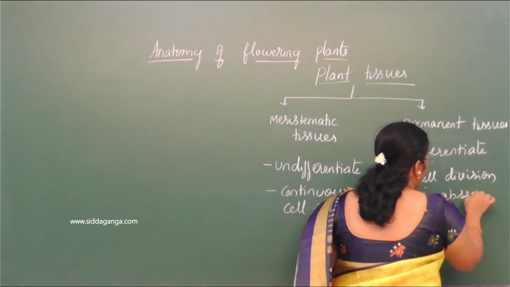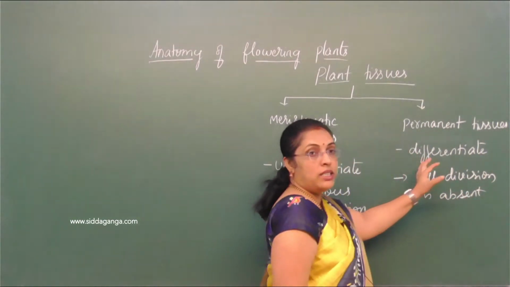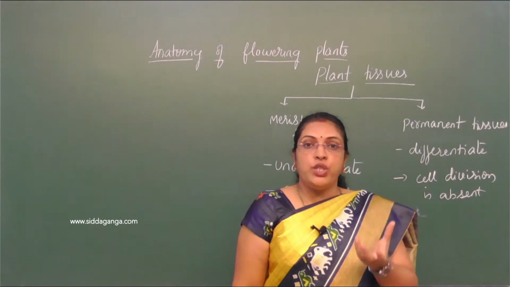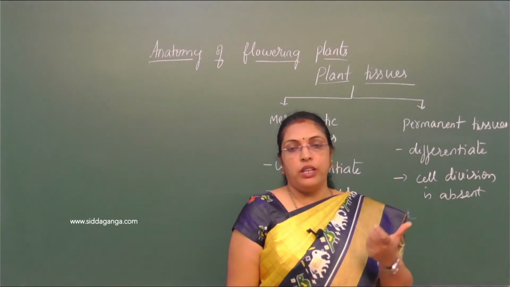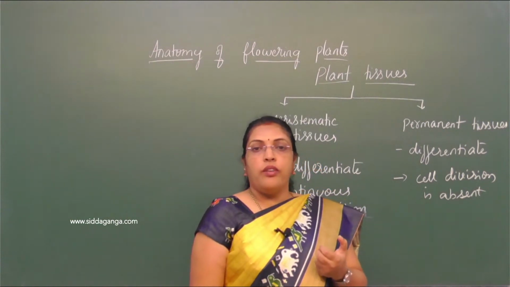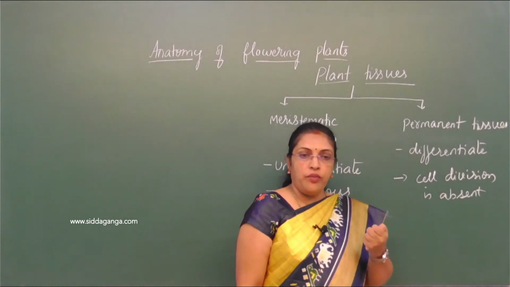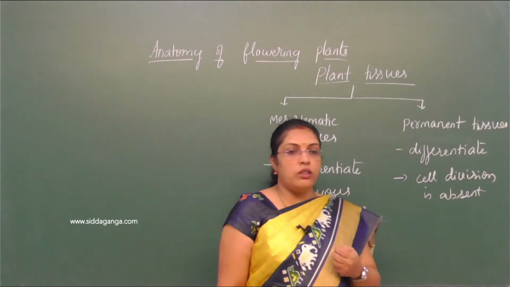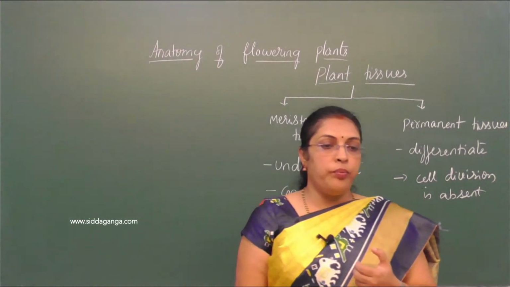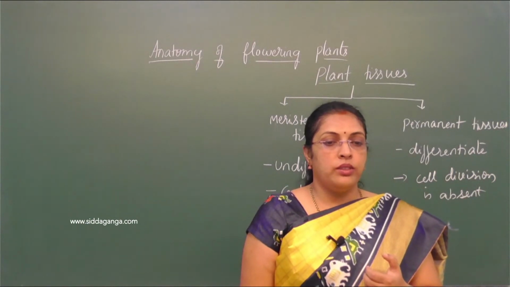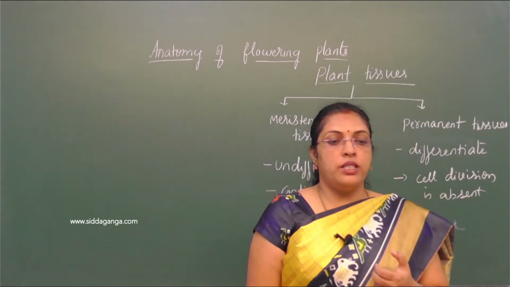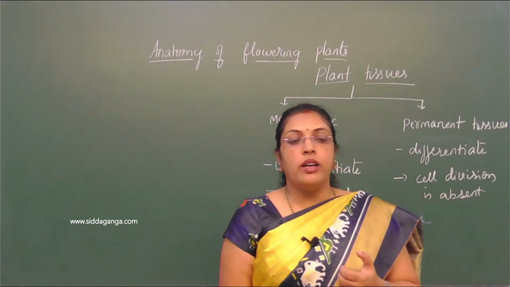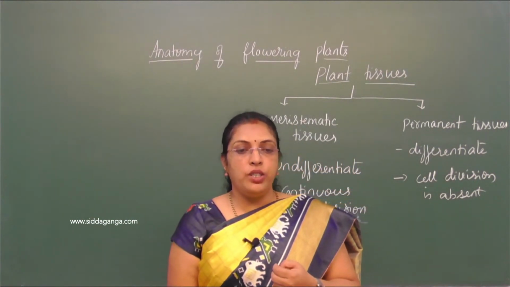And they are differentiated. Here the cells are differentiated with a definite shape and a specific function. Sclerenchyma, collenchyma, parenchyma. Yes, these three are permanent tissues.